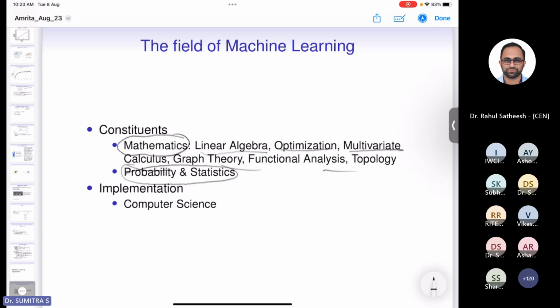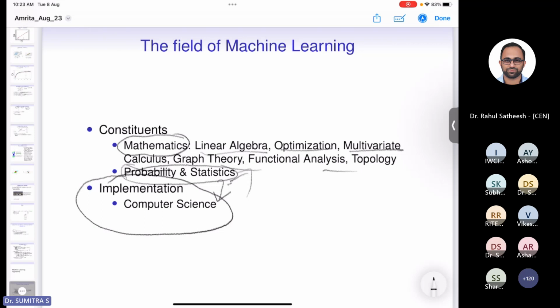All these will be used to develop the algorithms, along with probability and statistics. Now, to implement it, you should have very good knowledge of computer science, for efficient implementation. So the computer knowledge comes in the implementation only. But the formulation is entirely algorithm formulation.